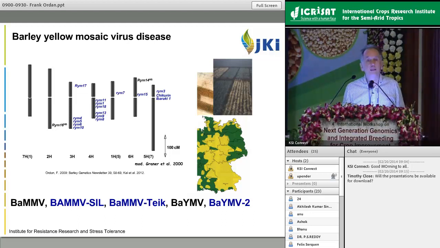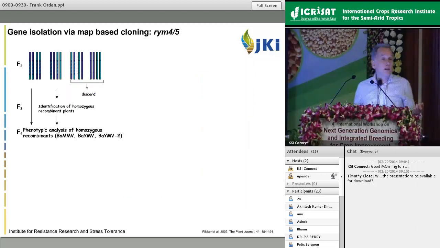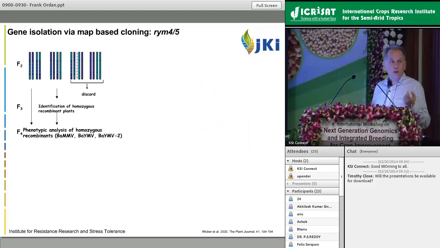And for map-based gene isolation, also in the era of genomics, if you are dealing with a quite complex genome and a phenotype which cannot be assessed in F2 plants, you have to develop a high-resolution mapping population, which means to identify segmental homozygous recombinants, which then can be used for marker saturation and for repeated phenotyping.